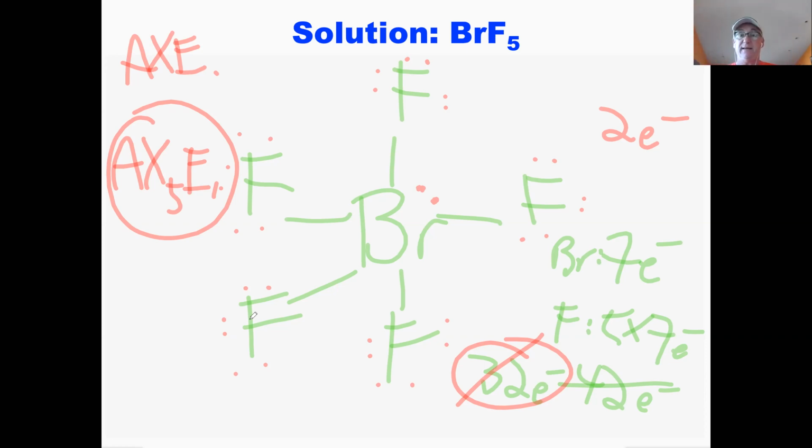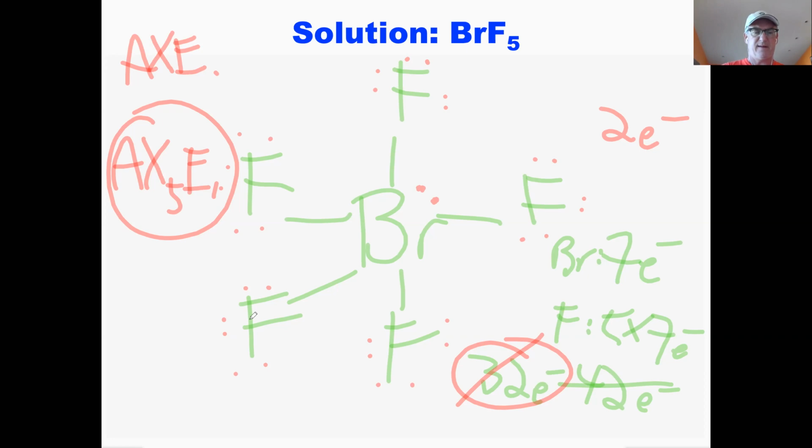Not every group around the central atom is identical, so that changes things. We look it up. We don't have to memorize these, remember. Have your table nearby. That's going to be square pyramidal.